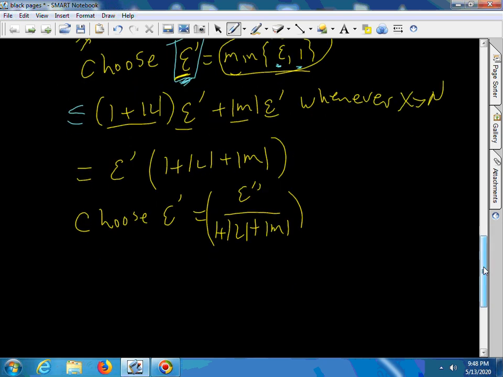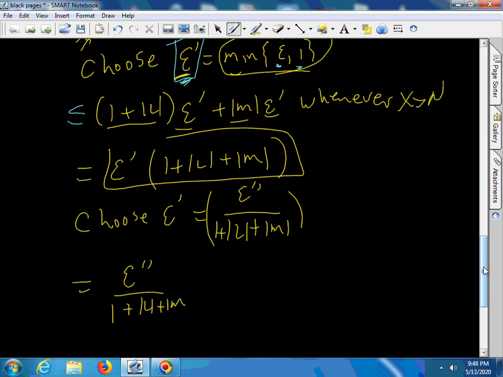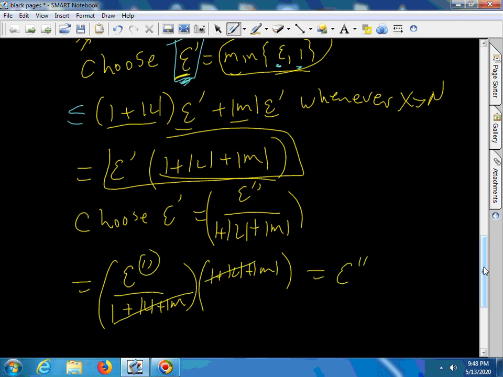So then I have that this is equal to epsilon prime, which is what I'm writing, times that 1 plus L plus M. And this cancels out, and we get epsilon double prime whenever x is bigger than n.